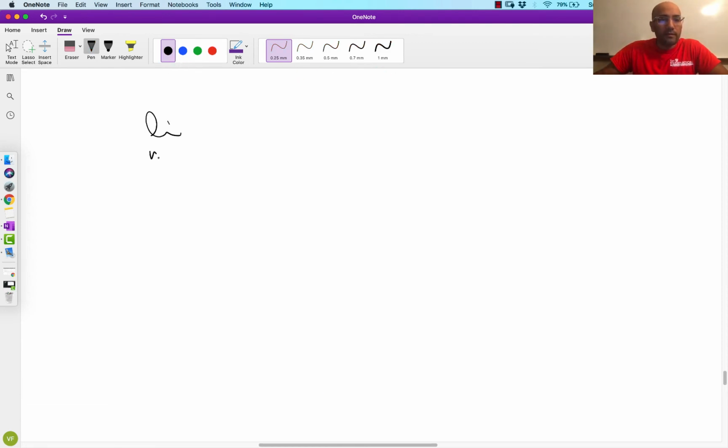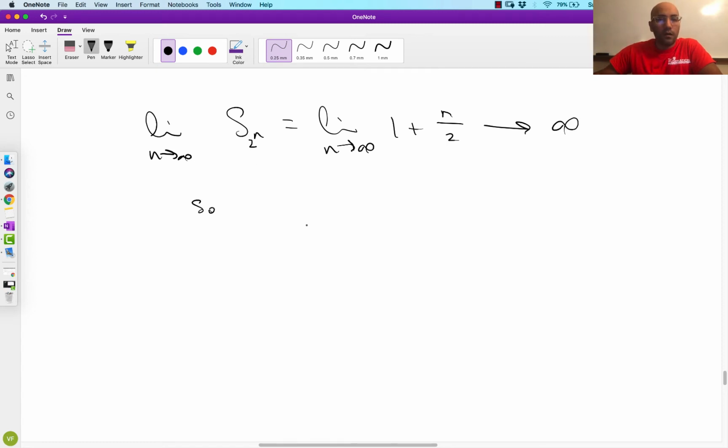The limit as n goes to infinity of s sub 2 to the nth power is equal to the limit as n goes to infinity of 1 plus n over 2. And this diverges, this heads off to infinity. So we can conclude then that the limit as n goes to infinity of s sub n is also going to go off to infinity.